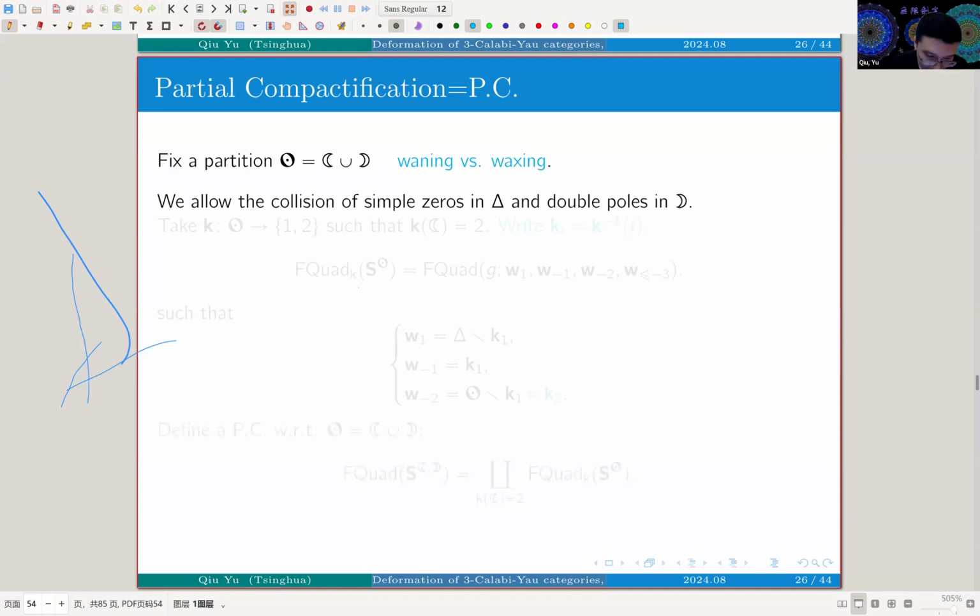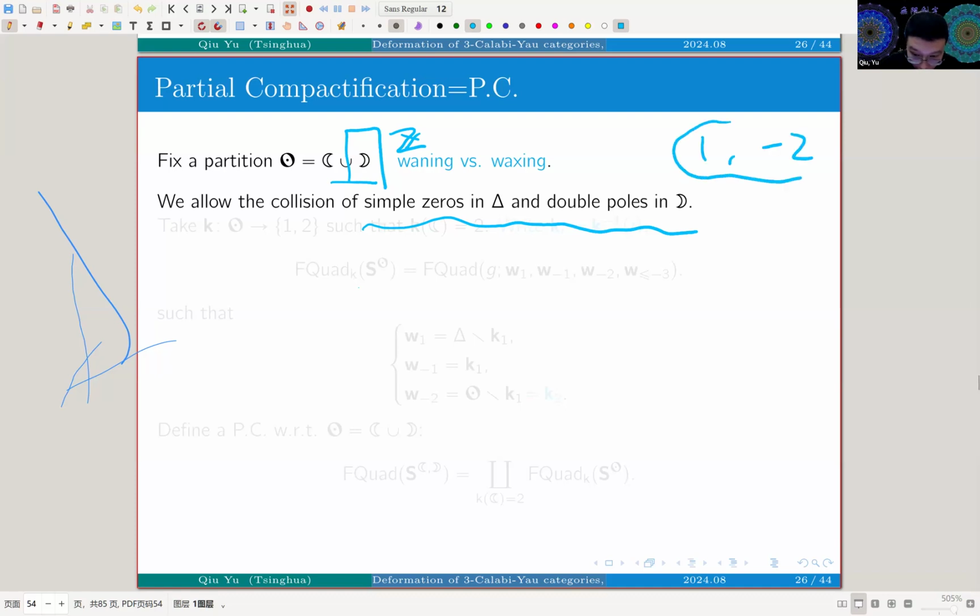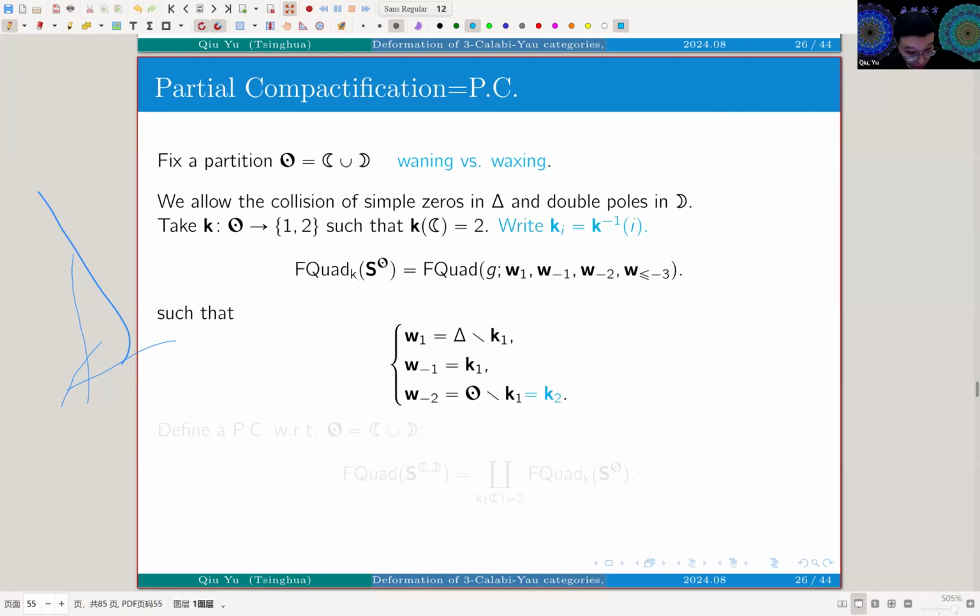In the model space, after we take this partition, we want to add the Z2 symmetry for some set of the double poles, and in terms of geometry, we are allowing the collision of a simple zero and a double pole. Basically, in the singularity, each time we have a 1 and a -2, we can combine them into a -1. That's the idea.